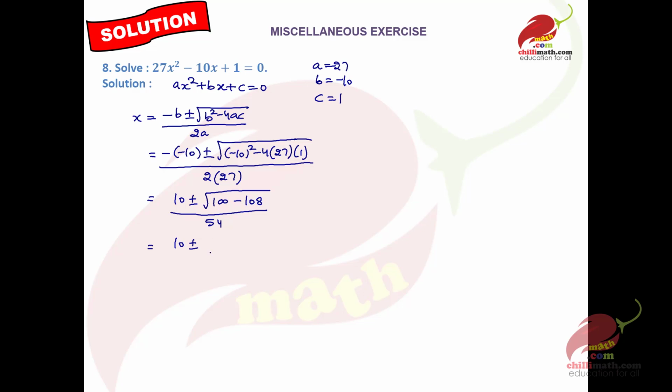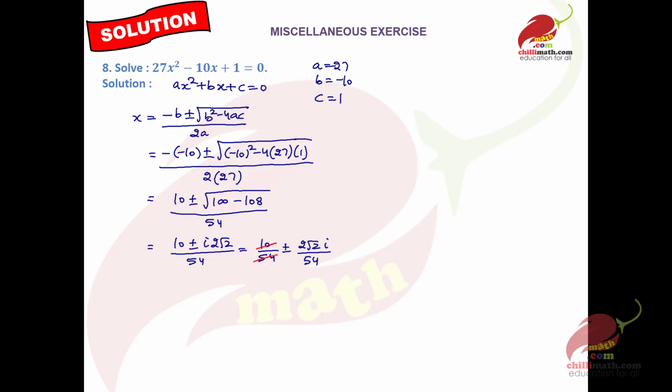So minus is inside the square root, so we use iota, and the square root of 8 is 2 root 2 over 54. Separating this, we get 10 over 54 plus minus 2 root 2 over 54.